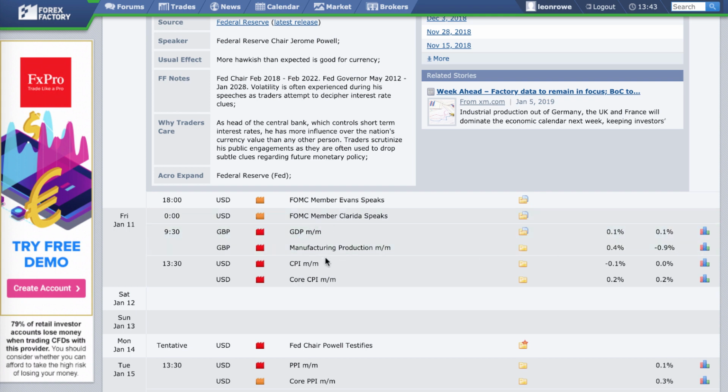You also have to be aware that at 1:30 London time you have the dollar CPI, expected to be minus 0.1 monthly consumer prices index. If that is at 0 or even 0.1%, this is bad for the pound, and then you want to get in short on that dollar pair.